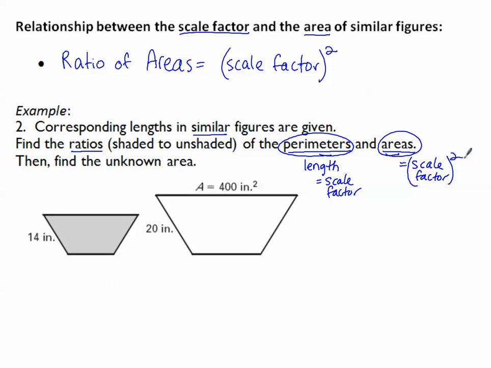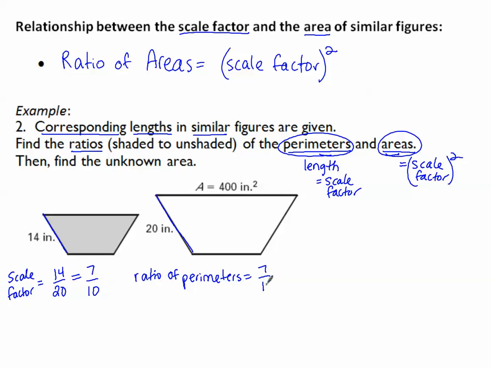How do we do that? Match up the corresponding lengths. This side corresponds with this side. 14 over 20 gives us 7 over 10. That's our scale factor, from our corresponding lengths. Scale factor is 7 over 10, therefore the ratio of the perimeters is 7 over 10.